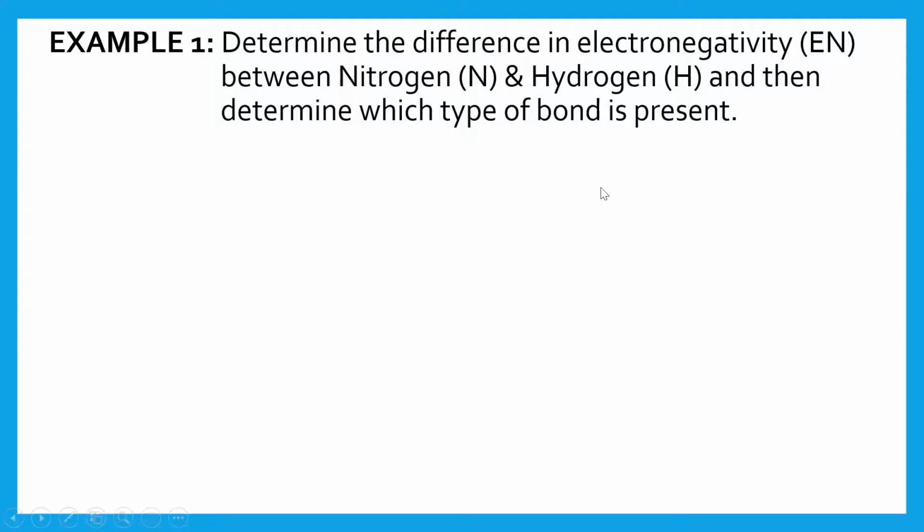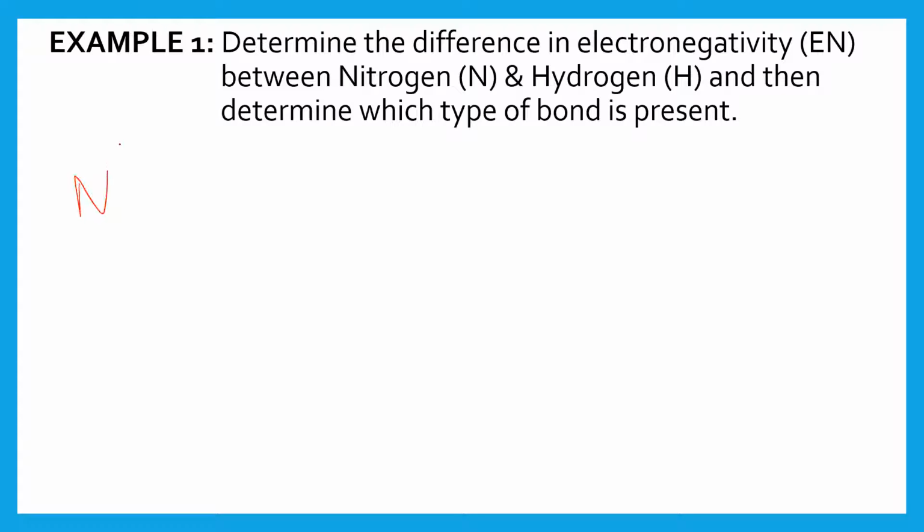You need your electronegativity chart either put up on your screen or printed. It says determine the difference in electronegativity, which you can abbreviate capital E, capital N, since it's a long word, between 2 atoms, in this case nitrogen and hydrogen. And once you've determined the difference, you want to determine the bond type. So the first question is, what is the electronegativity value for each of these?